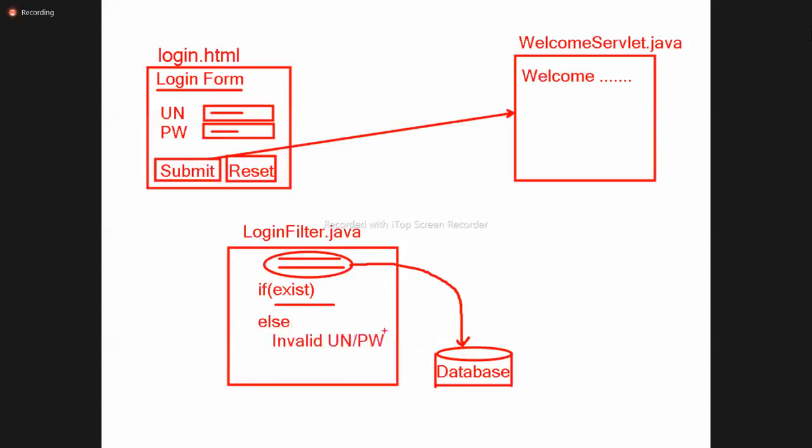It is just a separate filter I'll write, receiving username and password and checking in the database. If they exist, some code I'll write. This code is common to all servlets and all filters. Else, invalid username, password.